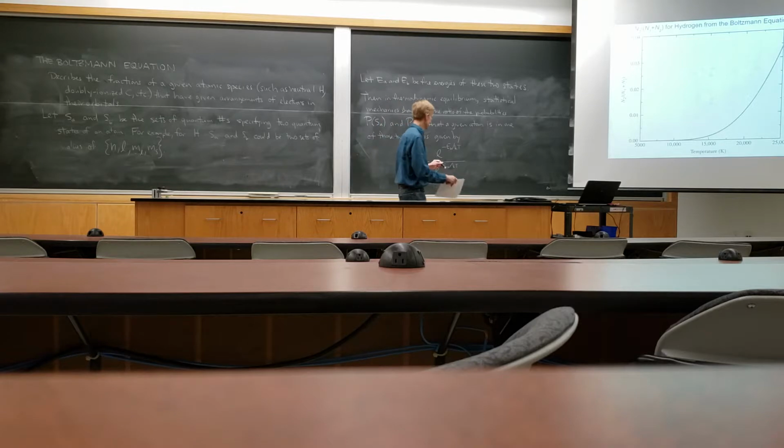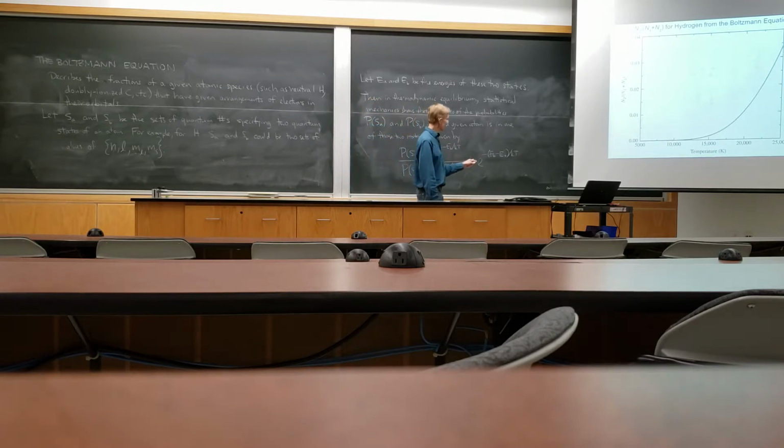And of course, using the laws of exponentials, you can also write this as e to the power of minus (E_B minus E_A) over kT. So in other words, the ratio of the probabilities is determined by how different the energies are compared to kT, exponentially.